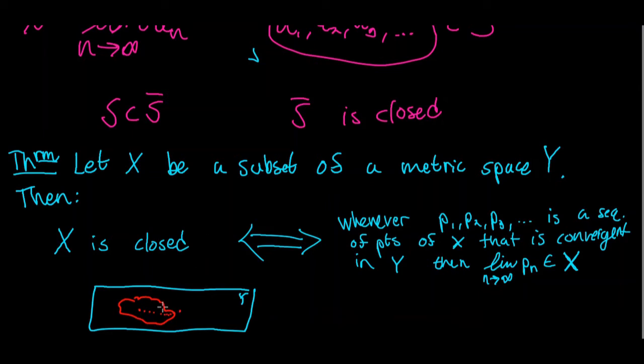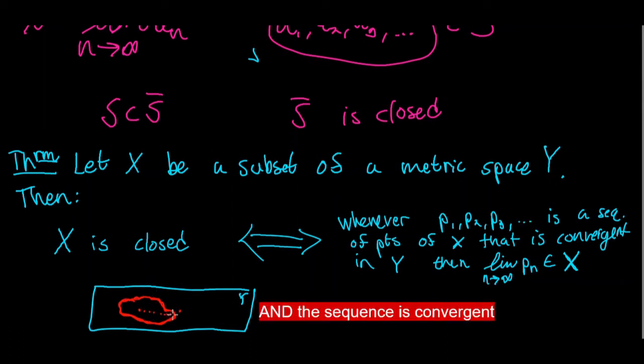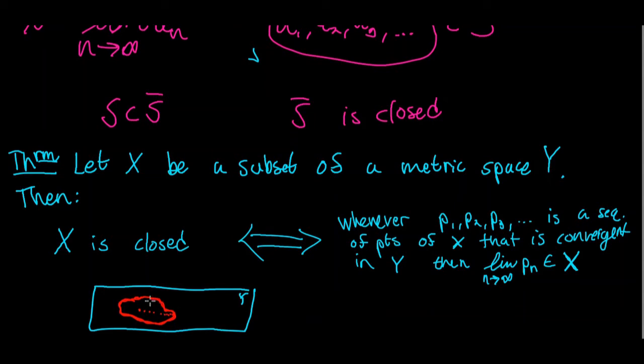But what this theorem is saying is that will never happen if the set in which the sequence of points lies is closed. So if all of these points in the sequence lie in a closed set, then the limit of that sequence will always be in that closed set.